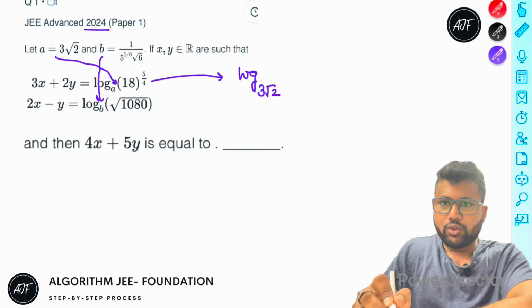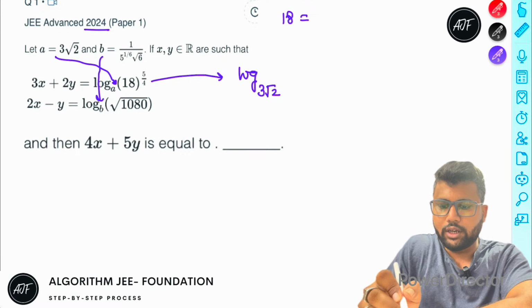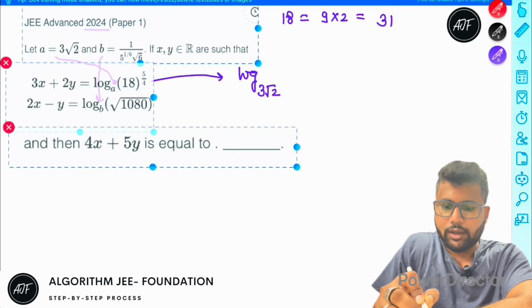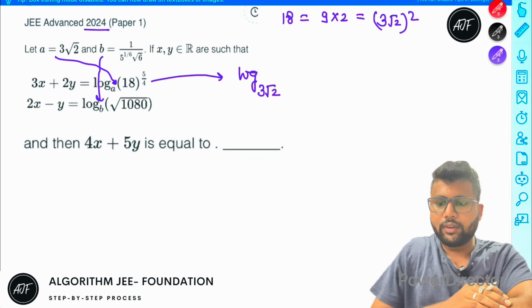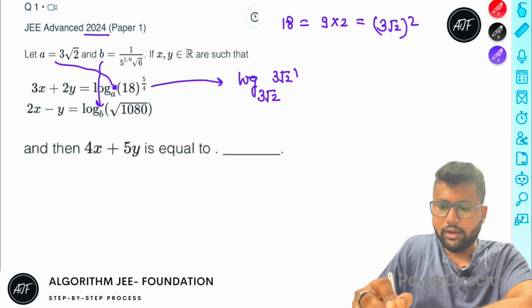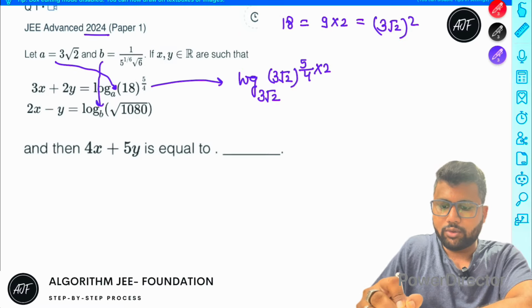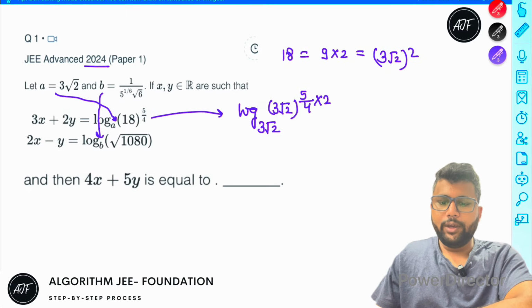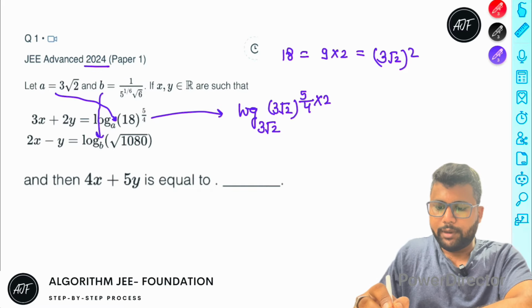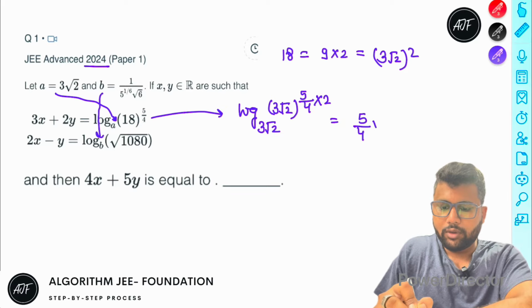Can you see that 18 is 9 into 2, and 9 into 2 is 3 root 2 whole squared? So 18 is a squared, and the power 5 by 4 is already given, so it is a to the power 5 by 4 of a squared. Both the base and the value are the same, so it is a direct answer according to the properties: 5 by 4 into 2.